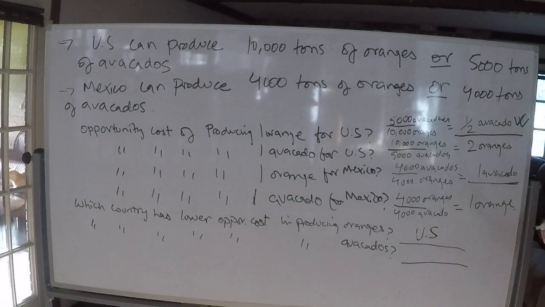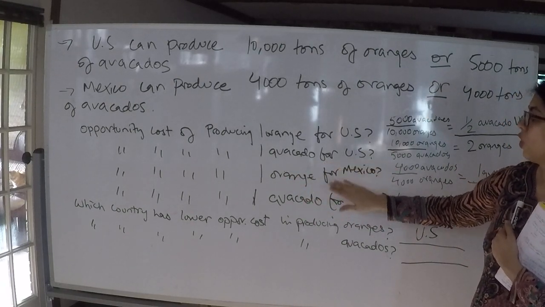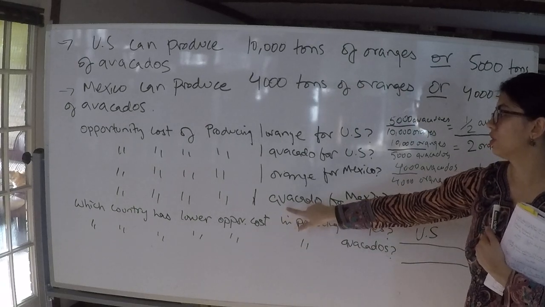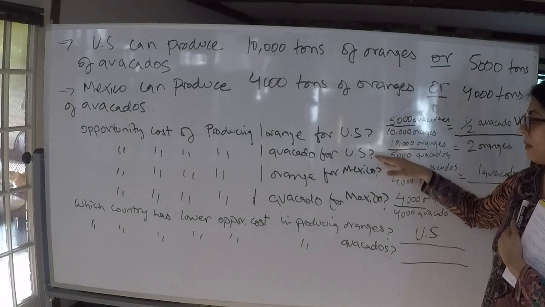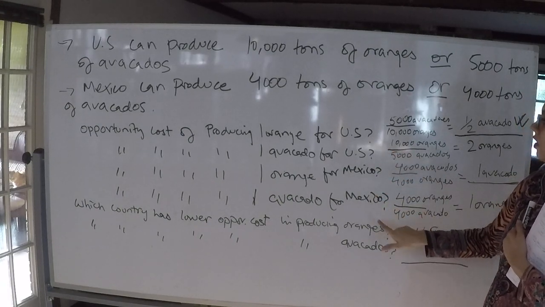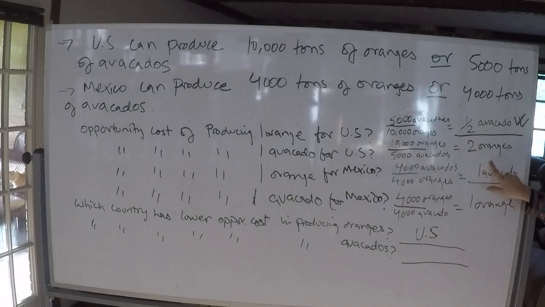Which country has a lower opportunity cost in producing avocados? Well, compare the opportunity cost of producing avocados for US with that for Mexico. 1 avocado costs US 2 oranges, and 1 avocado costs Mexico 1 orange.